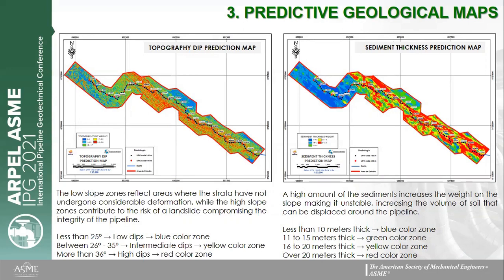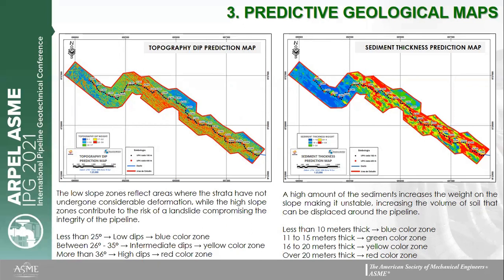The fifth map is the topography depth prediction map. If we have a topography depth less than 25 degrees, it means that they are low dips. They are going to be identified by the blue color zones. If we have dips between 26 to 35 degrees, I mean intermediate dips, they are going to be identified by a yellow color zone.